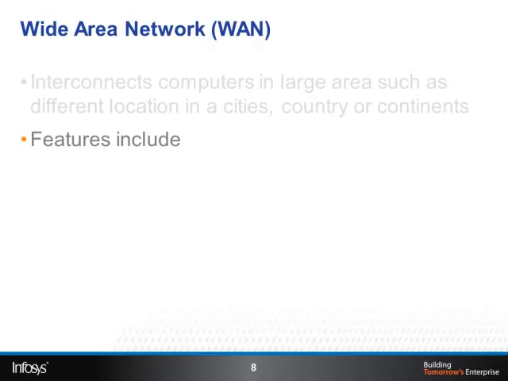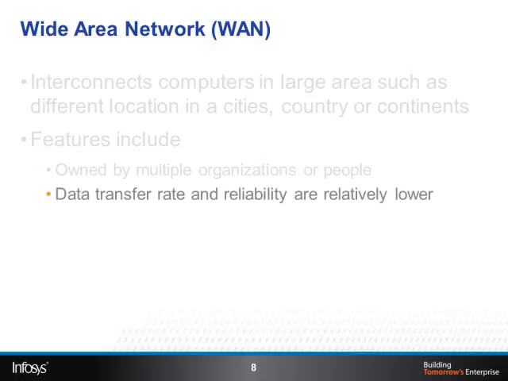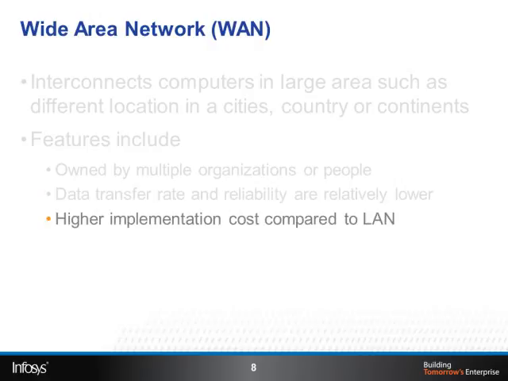As computers are geographically spread out and owned by multiple organizations or people, data transfer rates and reliability are relatively lower. Compared to LAN, implementation cost is more, and a typical example of a WAN is the internet.